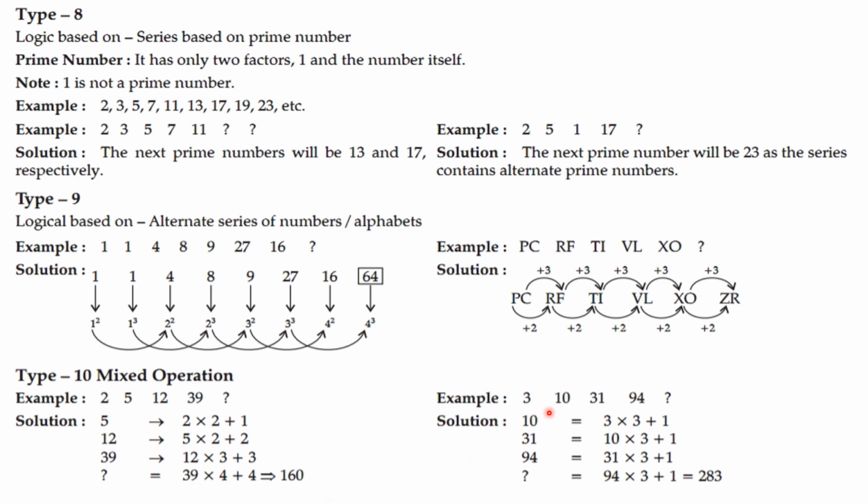Next example: 3, 10, 31, 94. What is next?